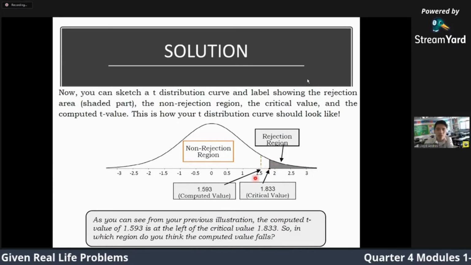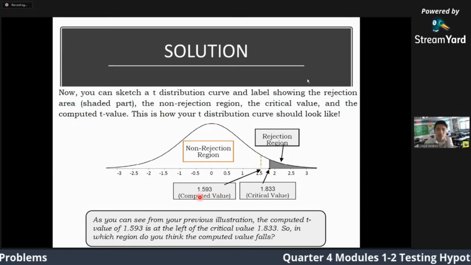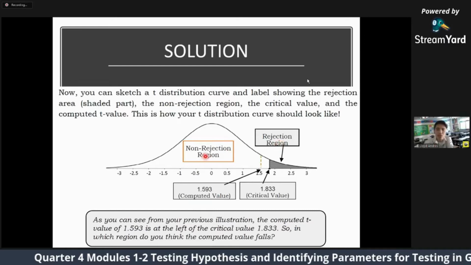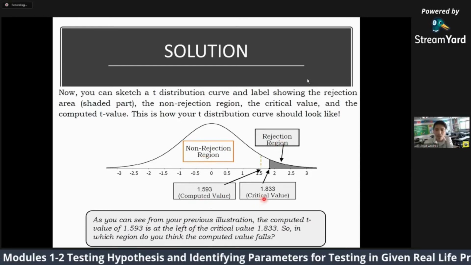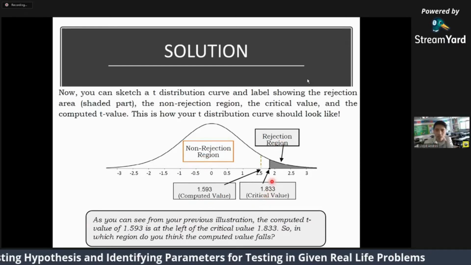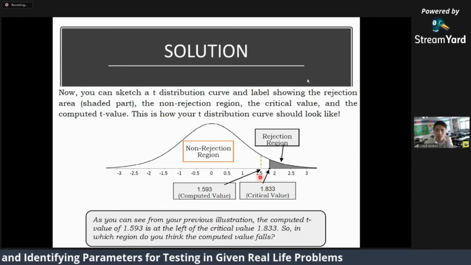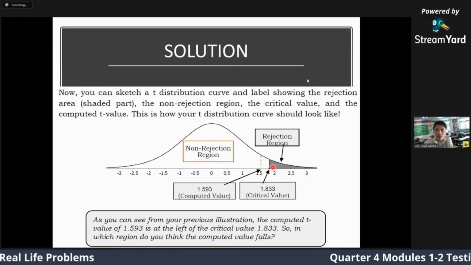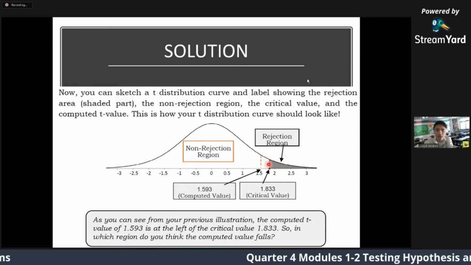The value you computed from the formula is what you test, to see where it belongs, in the rejection region or in the non-rejection region. Our critical value is 1.833, somewhere between 1.5 and 2, closer to 2. So that is your boundary. To the right of your critical value is the rejection region. To the left is your non-rejection region.